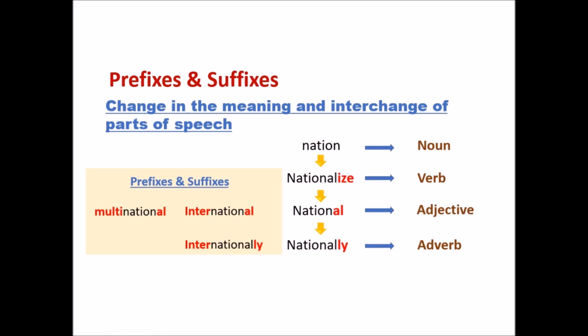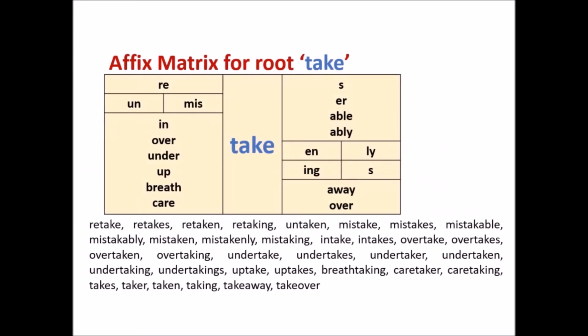So likewise, we can form more words with the words that we know at the moment. So this is one way that we can increase our vocabulary. Let's see. This is called a matrix. This is an affix matrix for the root word take.